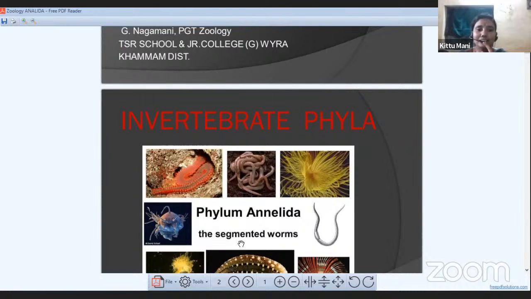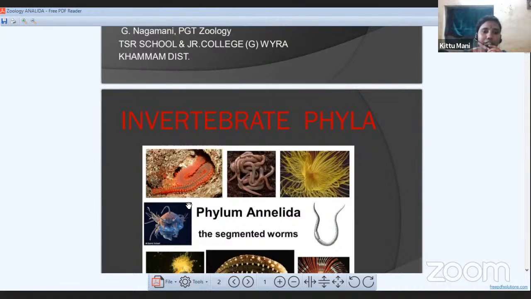Mostly these annelids are the segmented worms. Segmented means the body is divided into different compartments, more than 30, more than 100, like that. All segmented body type organisms are included in this phylum Annelida.